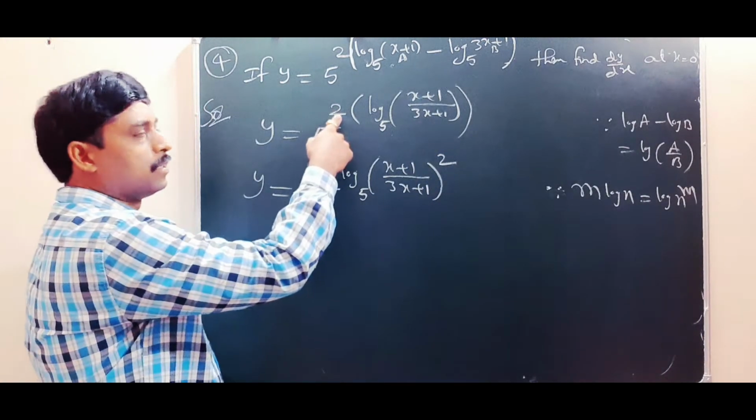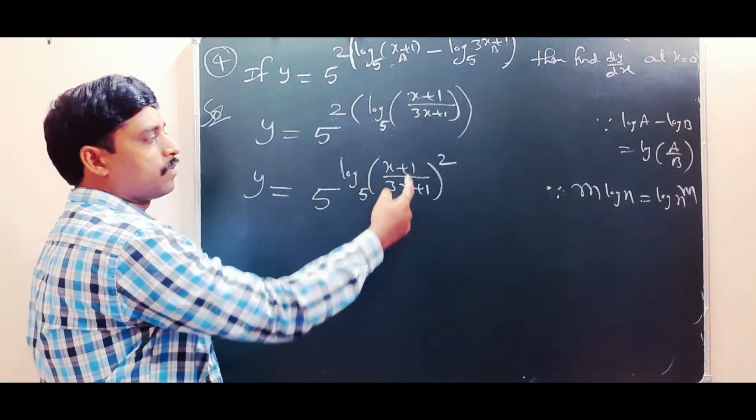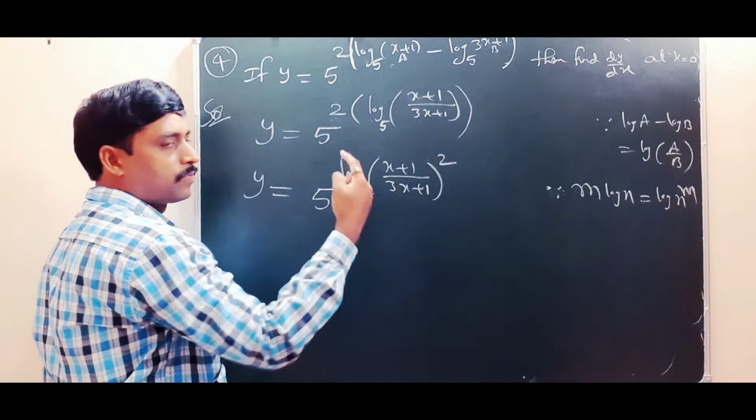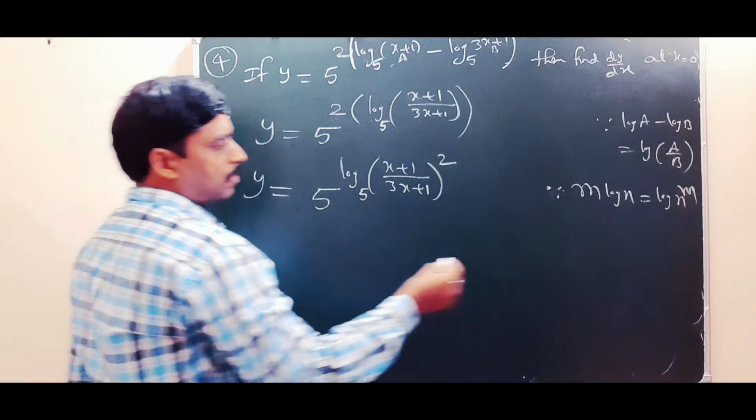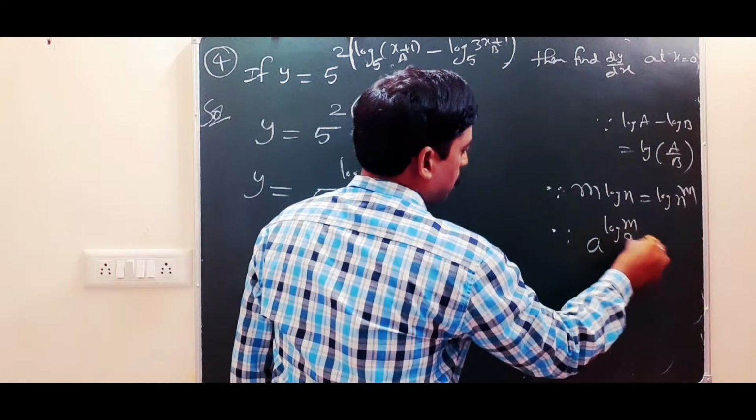Okay, this 2 is taken in the power. So log of ((x plus 1) by (3x plus 1)) whole square base 5. Now we have a to the power log m base a is equal to m.